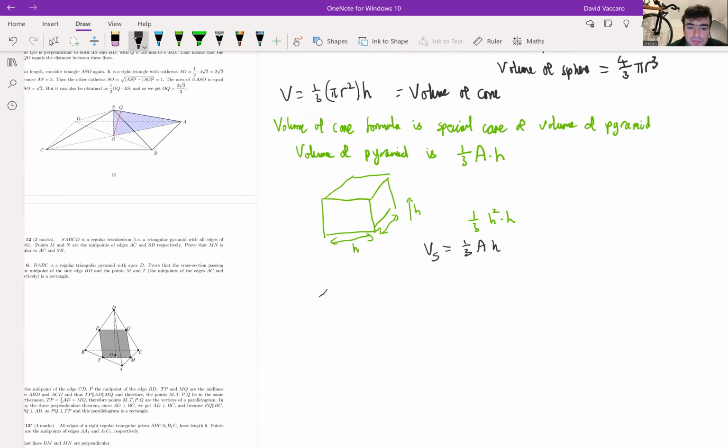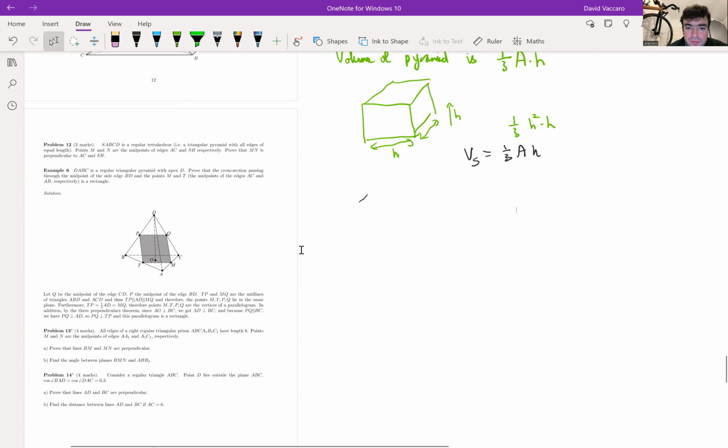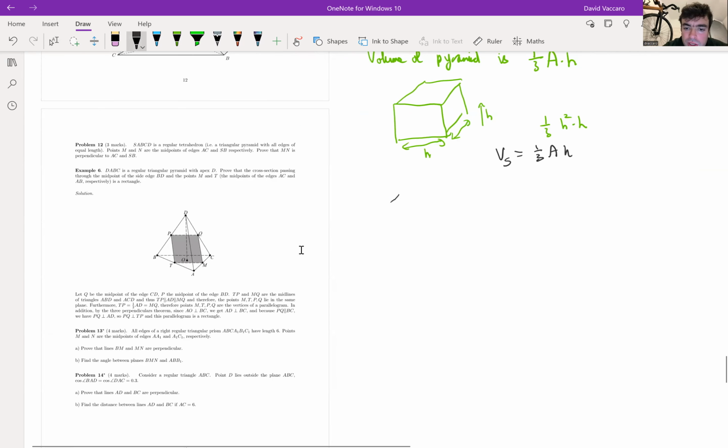Okay, and it's a square base pyramid, and it's got height x/2. But what we can do now is a series of manipulations.